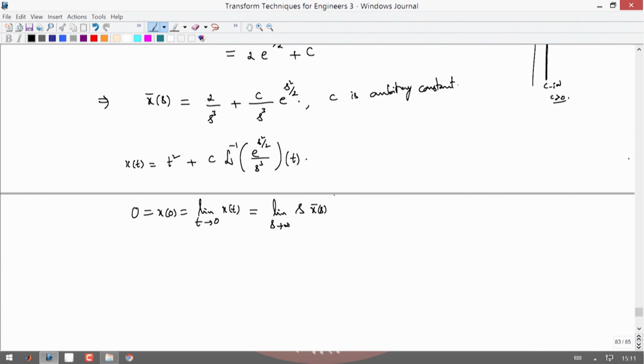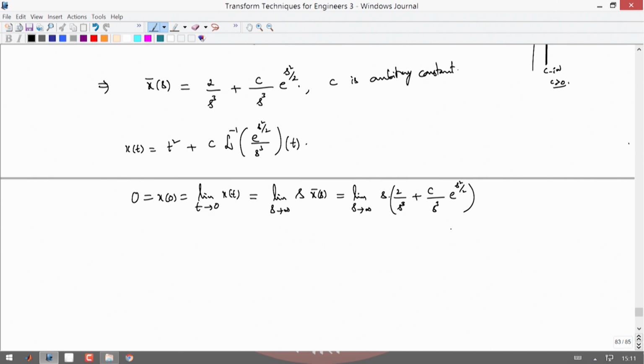So, what is this one? This is equal to limit s goes to infinity of s times x bar of s, which is 2 by s cube plus c divided by s cube e power s square by 2. So, you have s square here also.